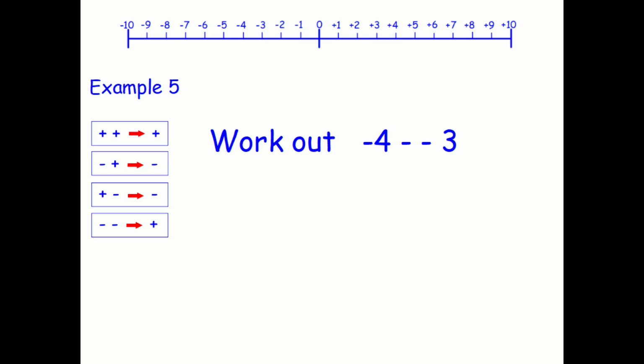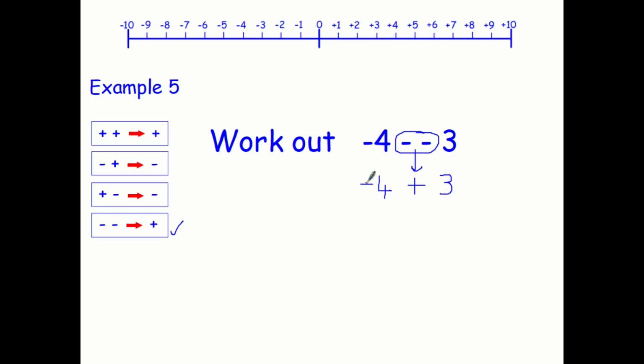Example 5. Minus 4 minus minus 3. Okay, so I've got 2 next door signs here. I'm going to apply this rule here. They become a plus. Then I've got minus 4 plus 3.